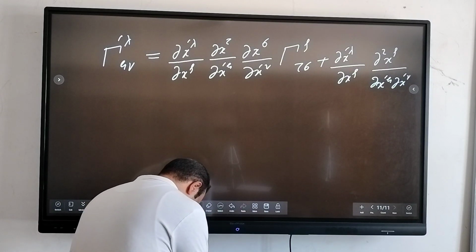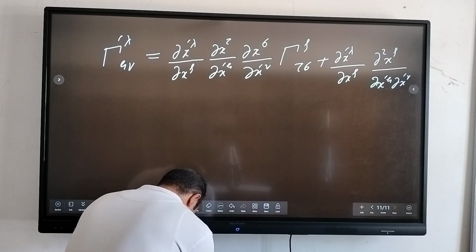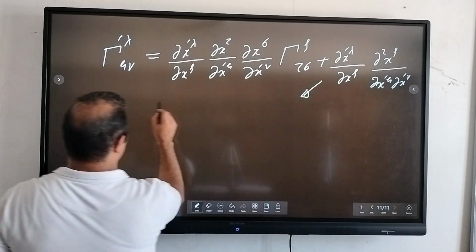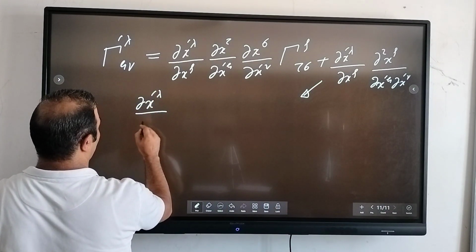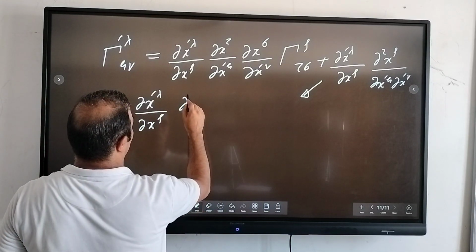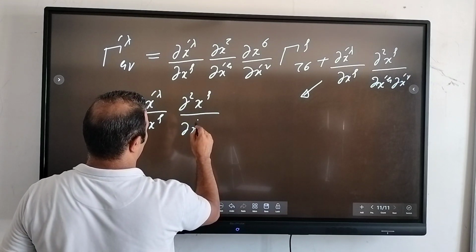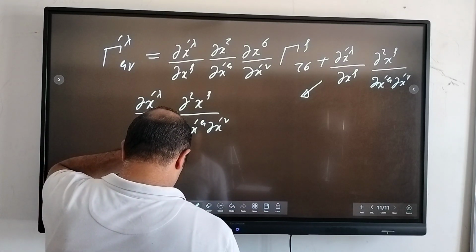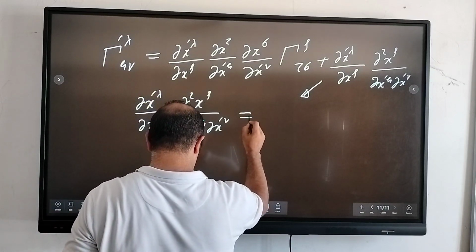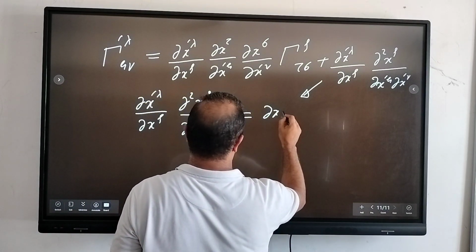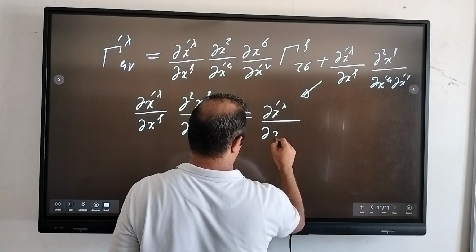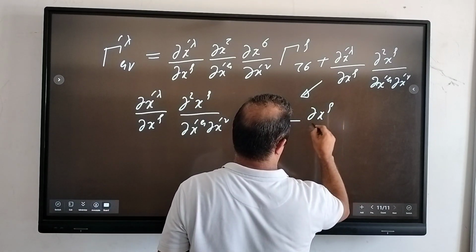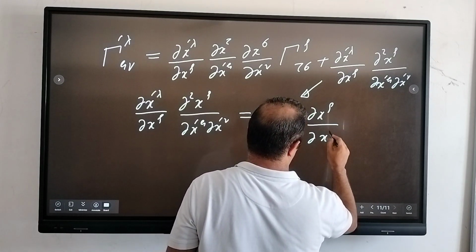Now, if you rewrite this equation, we can rewrite this term as partial x prime lambda, partial x lambda, and partial x rho upon partial x prime.